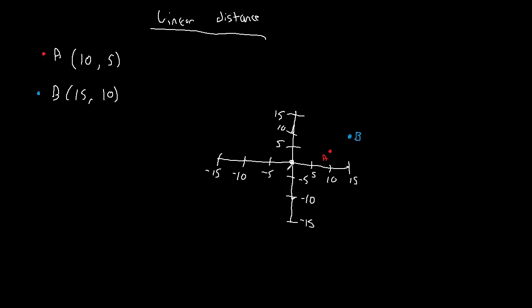And so conceptually, what we're trying to measure with linear distance is the distance between these two points. So this here, this is linear distance. Conceptually, this is the thing that we are trying to measure.